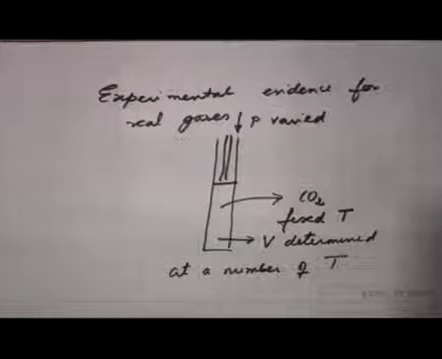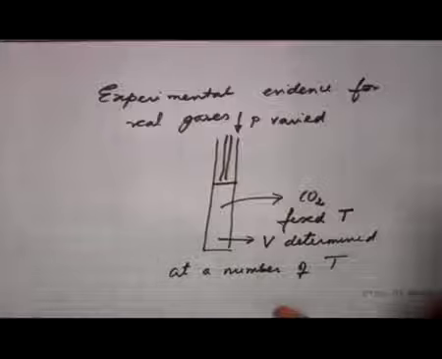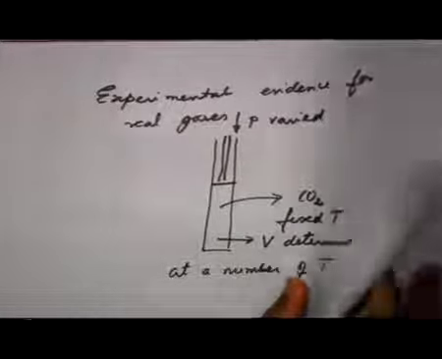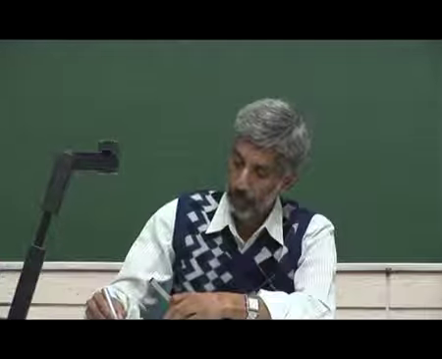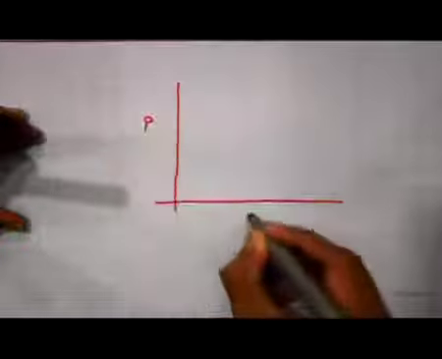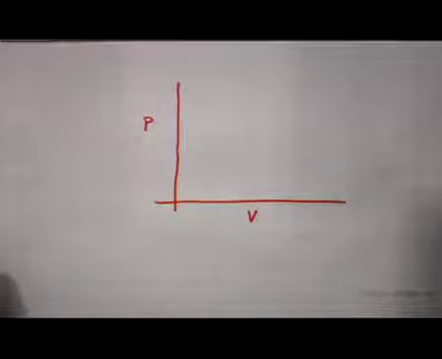For each temperature you will plot the PV graph. We start off at a temperature of about 50 degrees.